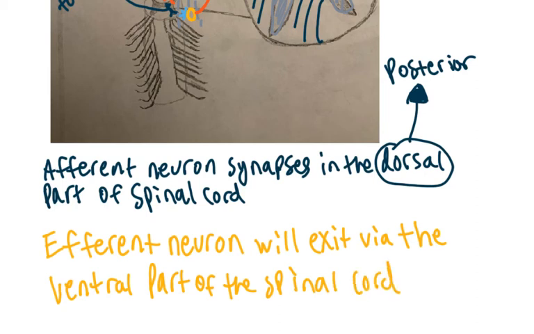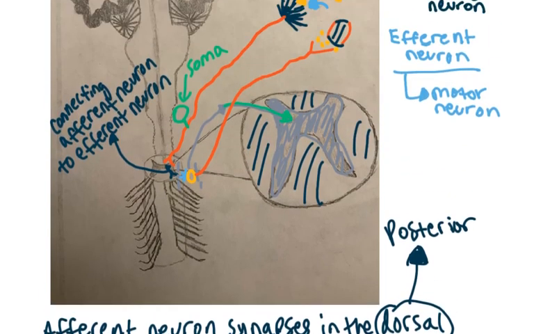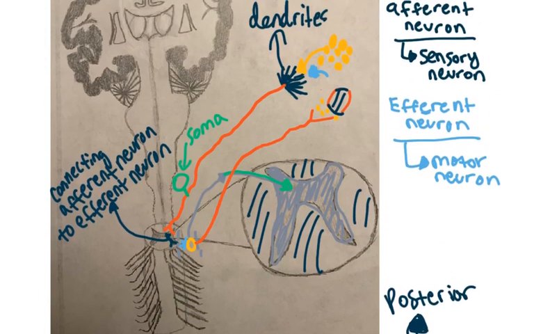All right, remember one other difference between the motor neuron and the sensory neuron, if we're talking about a simple reflex arc, is that the afferent neuron, notice, has its soma or cell body outside of the gray matter of the spinal cord, outside the spinal cord in general. However, the efferent neuron leaves the central nervous system gray matter, right? We even highlighted it here that from here to here, the dendrites and the soma of the motor neuron is still in the gray matter of the spinal cord.